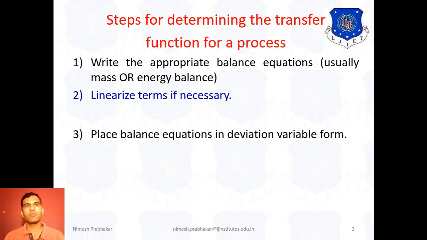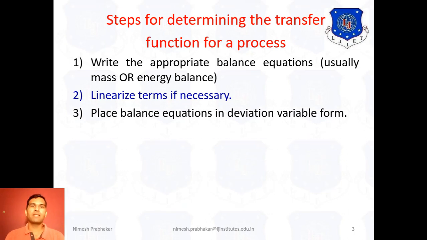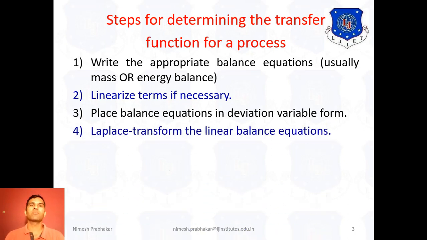Then the third step is to place the balance equation in deviation variable form. That means introduce deviation variables and write the equation in deviation variable form. Then the fourth step is to Laplace transform the linear balance equation.